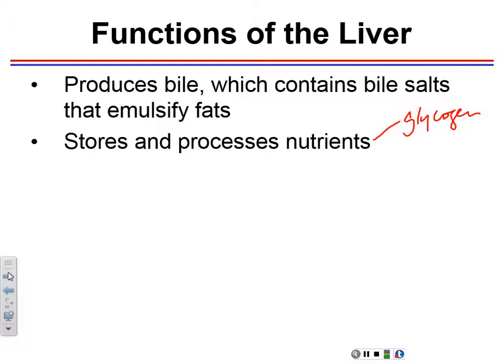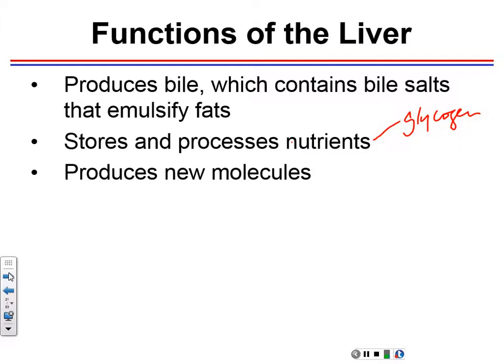Because there's no way you're going to take in exactly the kinds of amino acids you need, exactly the kinds of fats, and so on. You take in what you can, and the food will have the building blocks, and some of those building blocks are edited. One of the big ones is conversion of one amino acid into another by changing the R group. All you have to do is change the R group on an amino acid, and then it's another amino acid. So the liver does that so that those nutrients are in the proportions you want.